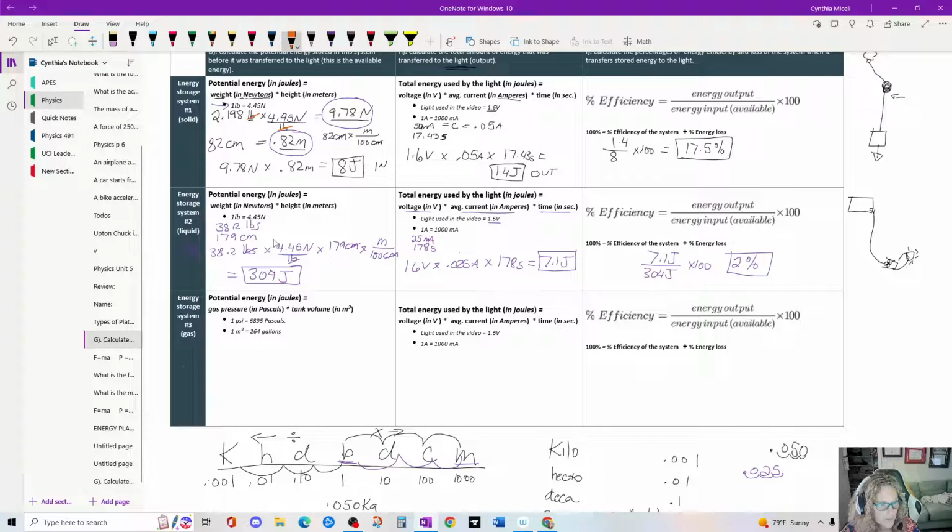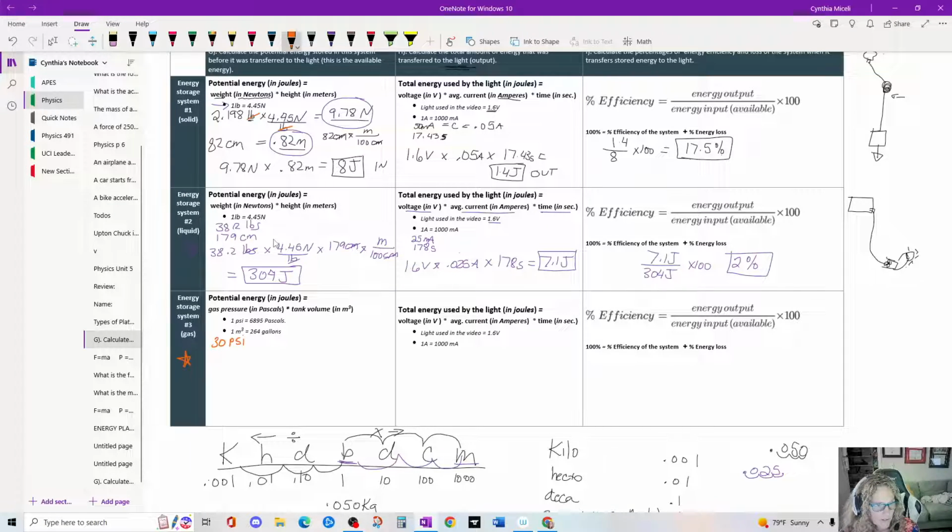All right, then the third one is air. And air does things a little differently, but that's okay. So in the video, we found out that the pressure was 30 pounds per square inch. That's what PSI is.